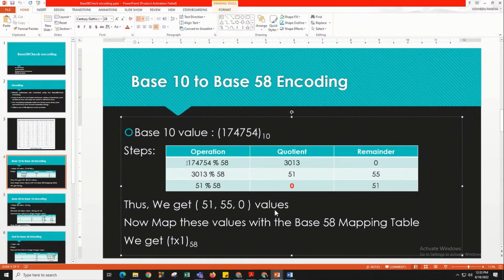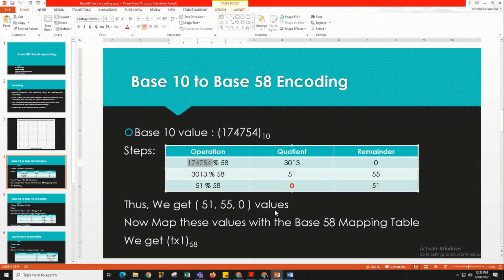What we need to do is the modular operation, modulo by 58. Why 58? Because we are going to convert it into base 58. All the values must be one of the values from the 58 character set, so for that we do modulo 58. When we do the modulo, we get two values: one is the quotient, another is the remainder, which is left at the bottom, right?